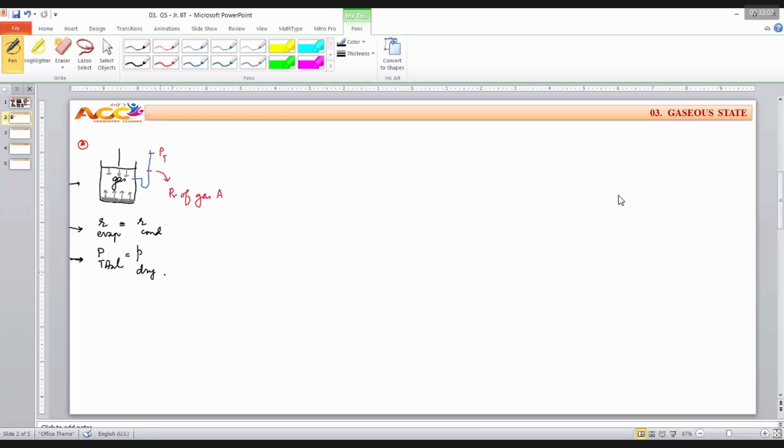Who was there? Dry gas. First of all, when water is not injected inside, it is called dry gas. Once water has been injected, and after 30 minutes when the pressure is constant, it is called moist gas. And therefore, this total pressure is the pressure of moist gas.